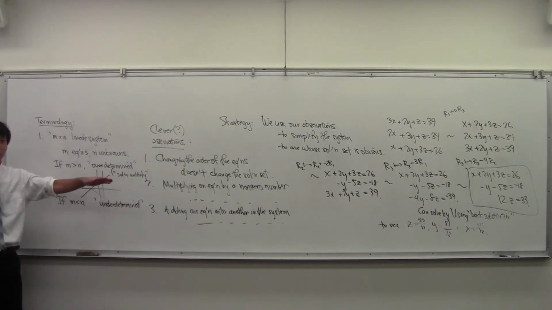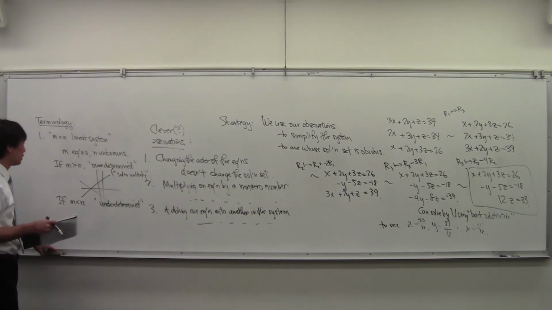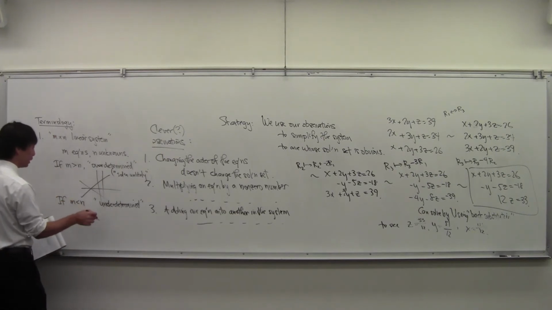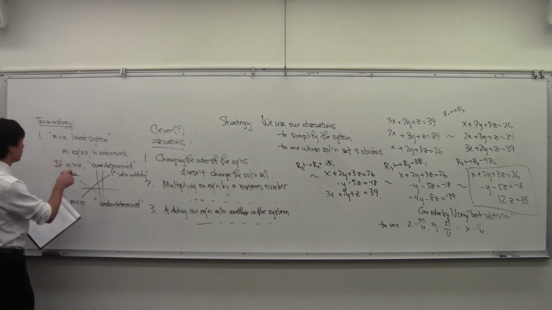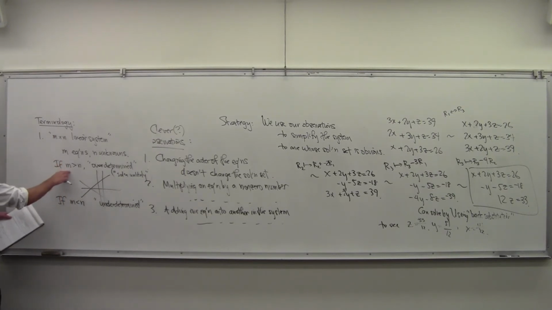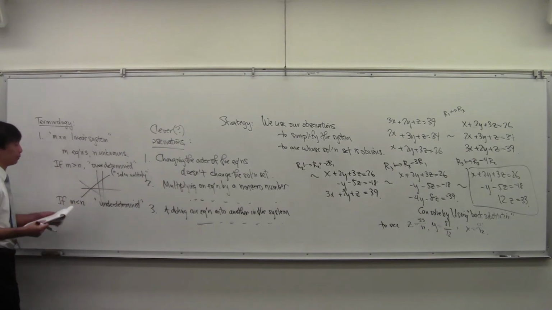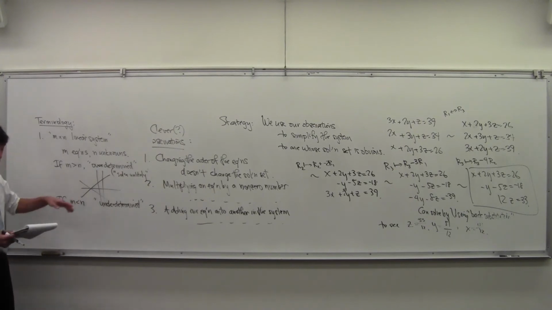Chances are you're going to have infinitely many solutions, unless they're perfectly parallel to each other. So if I were in R3 and had only two planes, we just get rid of one of our previous planes.